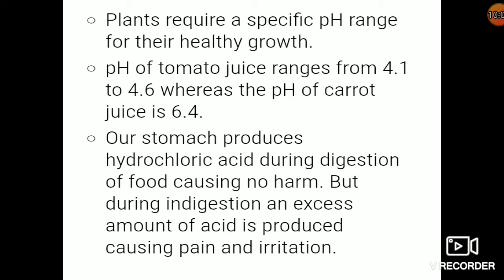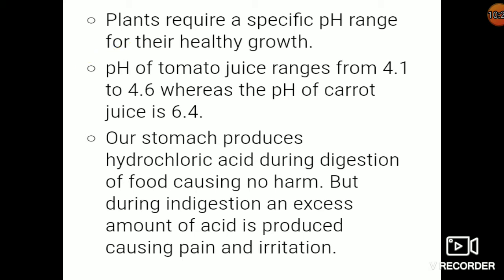Similarly, if somehow the soil becomes too basic, then the farmers use some organic fertilizer to provide some mild acid so that again the soil regains the normal pH range and the plant grows healthy.